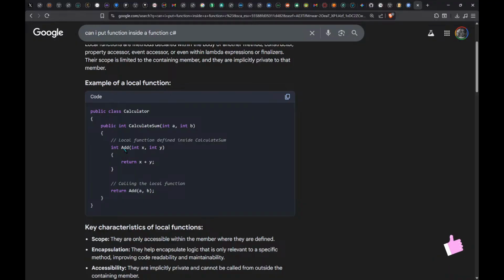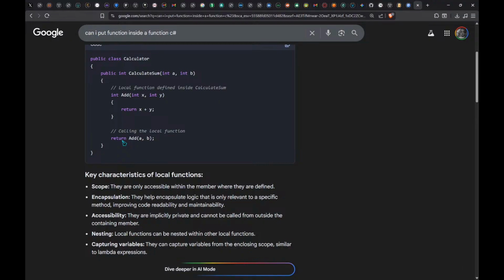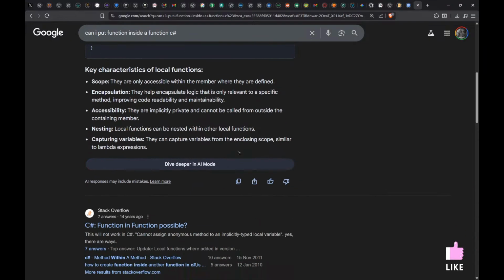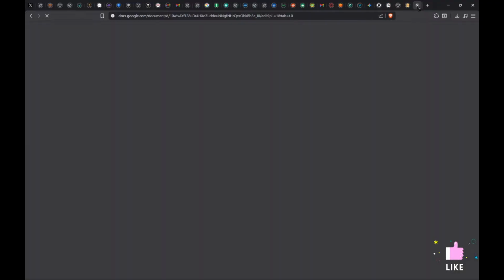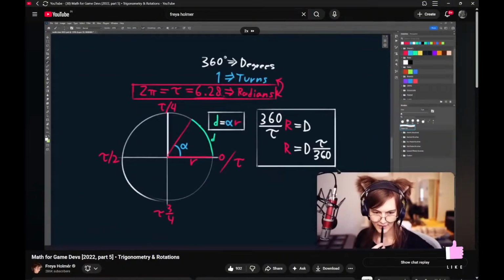C# can actually declare a function inside a function. Alright. Okay, thank you, Google.